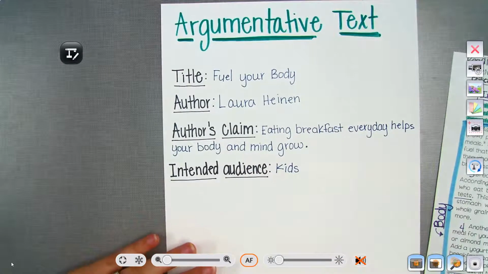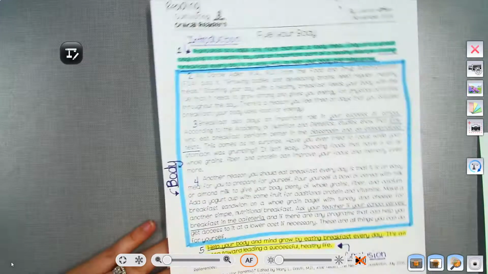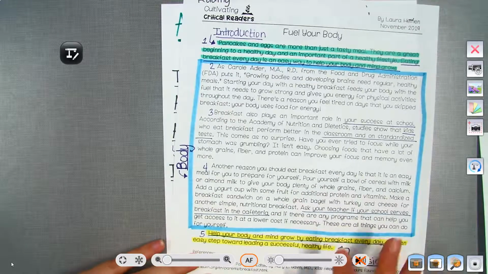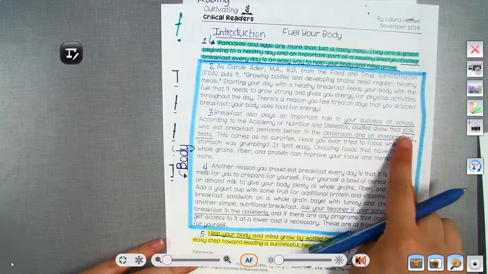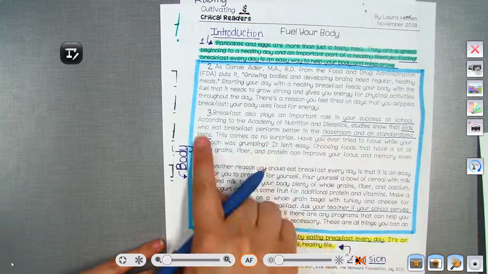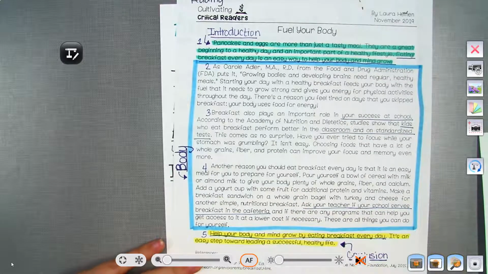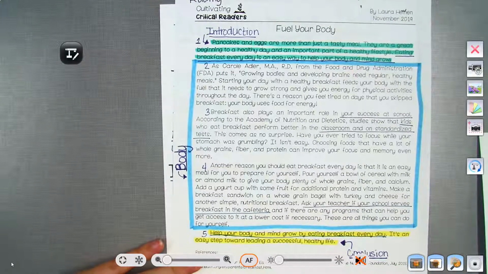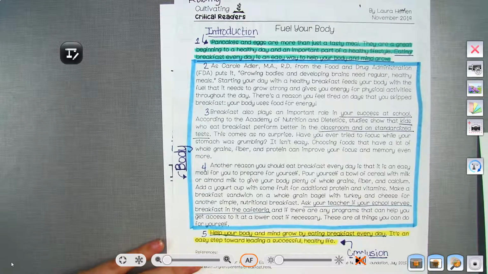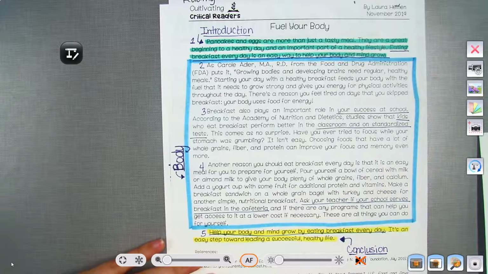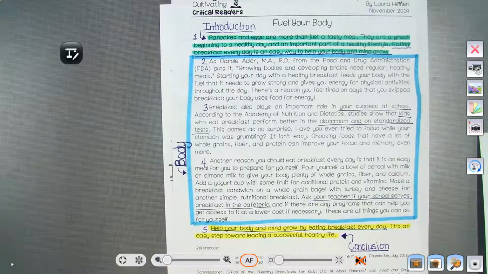And we know that because we went and found evidence. It says your success at school, kids, classrooms, and standardized tests. Ask your teacher. Adults aren't going to go ask their teacher if their school serves breakfast in the cafeteria. Okay. So our intended audience is kids. Kids like you and kids like you.